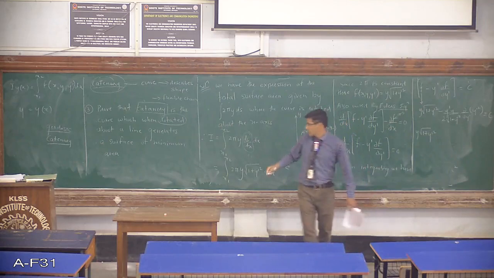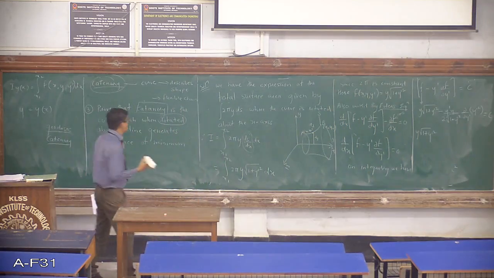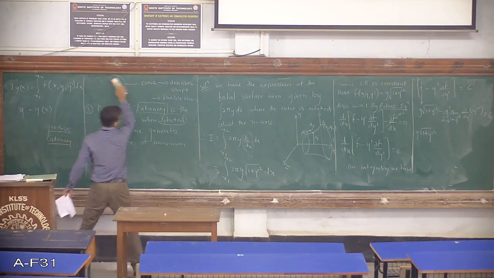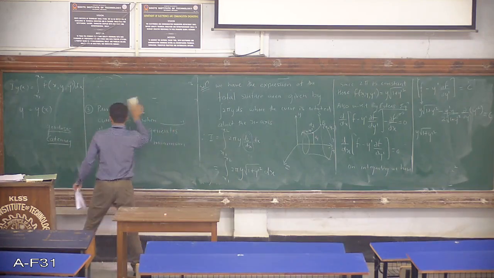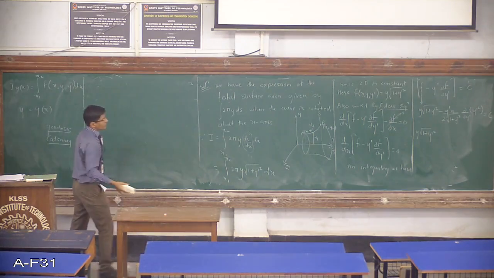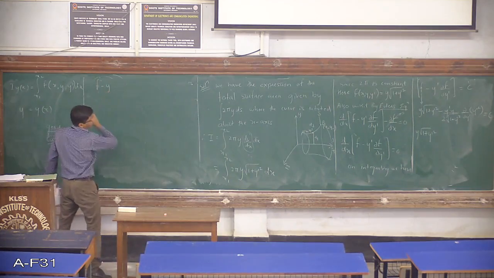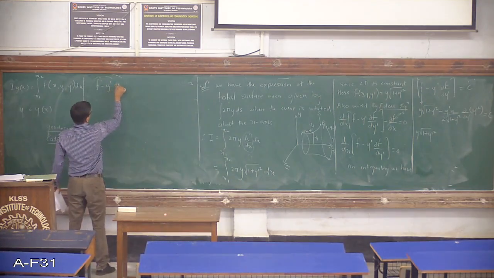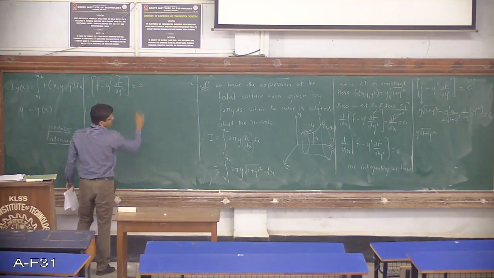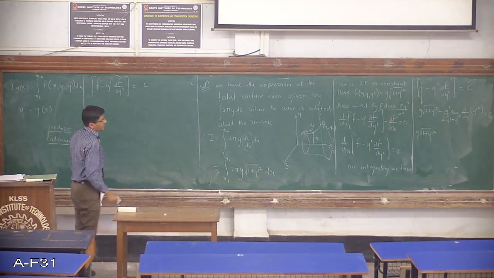I think that side of the board is not visible, so I will write it here for you. So it is f minus y prime ∂f/∂y prime is equal to 0. Sorry, after integration this is c, right?